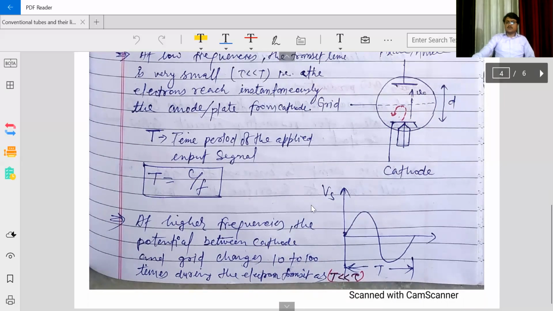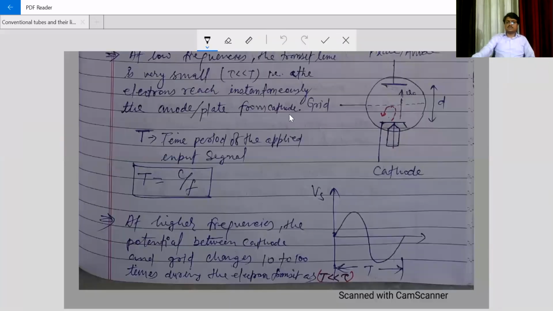The t is lesser than the tau, meaning the time period of the applied input signal is lesser than the transit time.